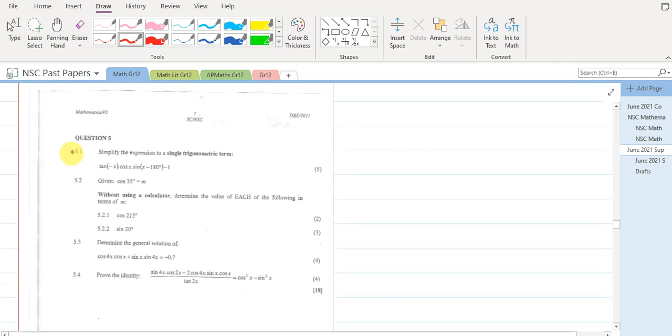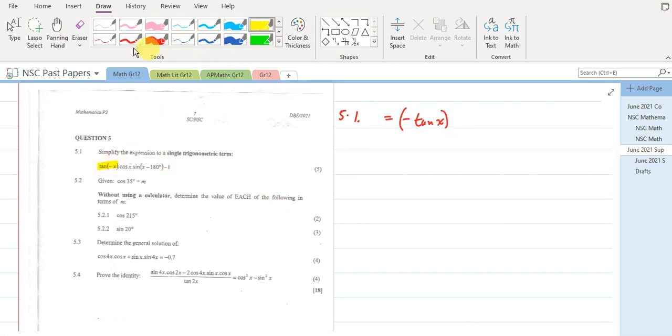Question 5, simplify the expression to a single trigonometric term. In 5.1, tan of negative x is a negative angle, so we can write that as negative tan x.